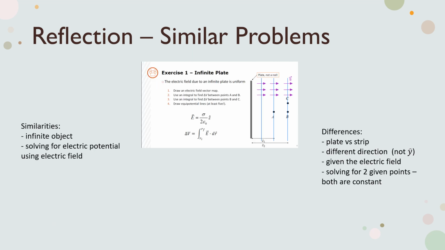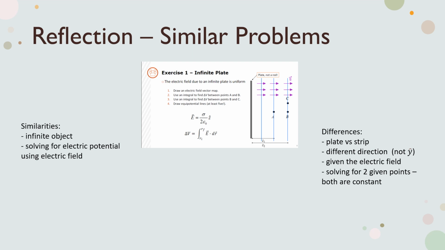For our second similar problem, we chose an exercise from lecture, and this is infinite plates, for solving for electric field due to an infinite plate. Some similarities are that they're both infinite objects. So this one is a plate, but ours is a strip, which is one of the differences, but they are both infinite. And then we are solving for electric potential using electric field, so we're using the same equation, delta V equals the integral of electric field times dr. Some differences are the directions.